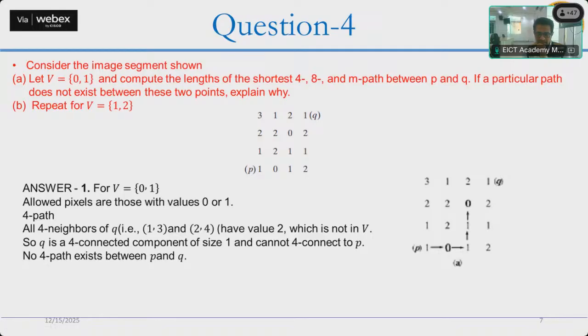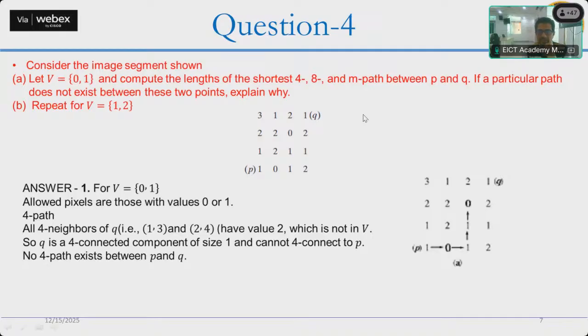But after 0, we see that you can't reach the 1 without a diagonal path. It means the 4-path is not available. Since the 4-path is not available, you can't calculate the length of the shortest path.